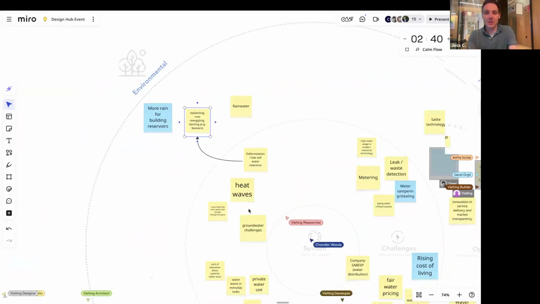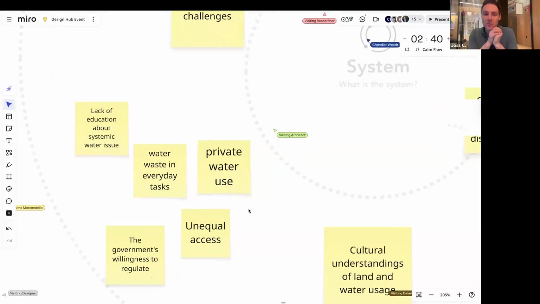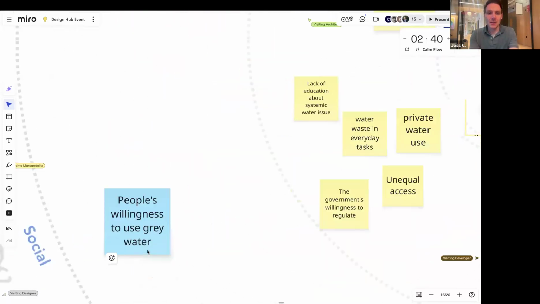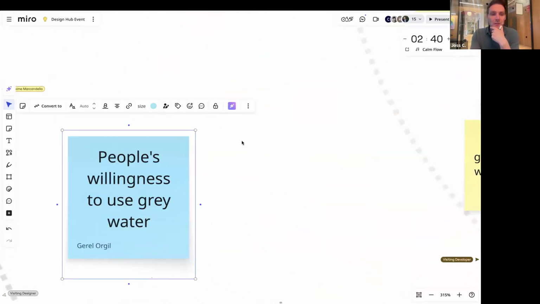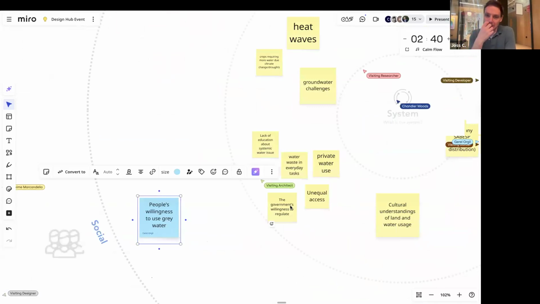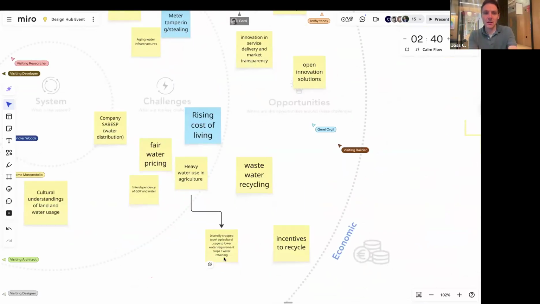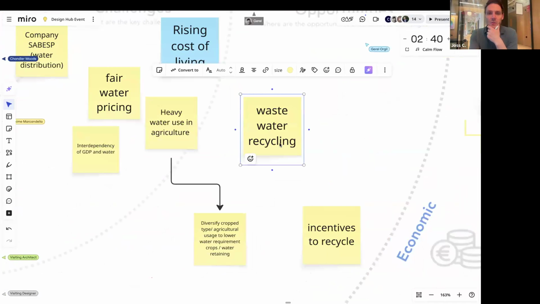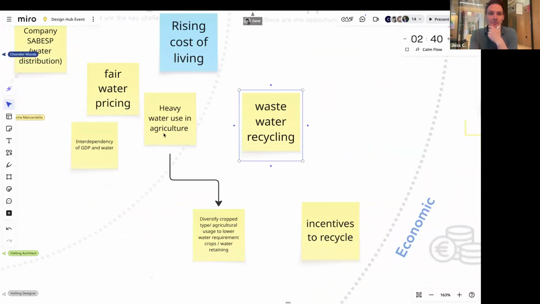Okay. And we've got other things around private water usage, unequal access, water waste in everyday tasks. And we've got this here. Gerald, people's willingness to use grey water. Yeah. And also the design of the system to really make it circular, right? Someone else over here put in circular wastewater recycling.